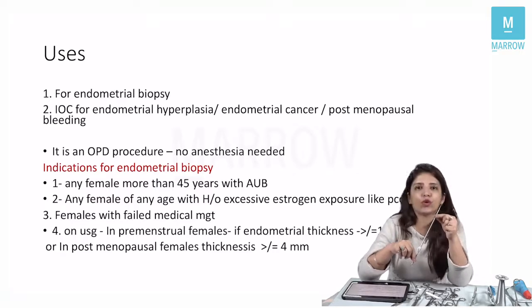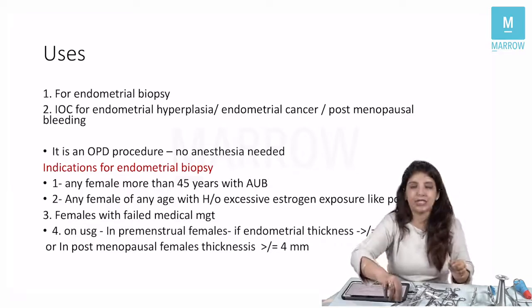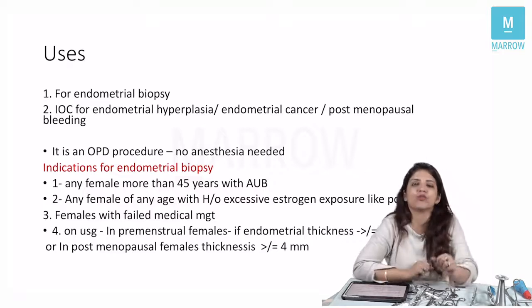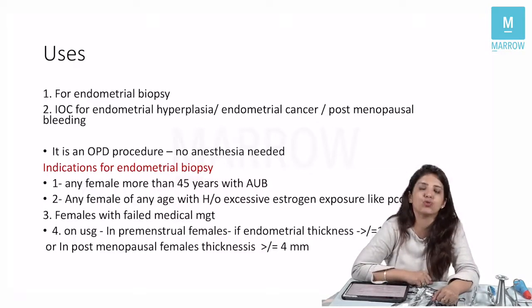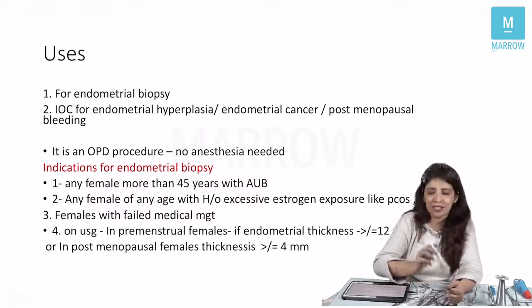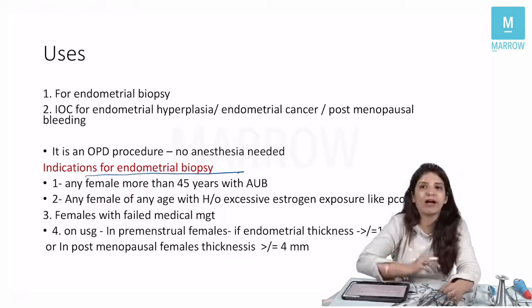The indication is that if the age of the female is more than or equal to 45 years and she is coming to you with atypical uterine bleeding. This question was asked in AIIMS June 2020 also: a 50 year old female with atypical uterine bleeding, what is the next step? The next step has to be endometrial biopsy.